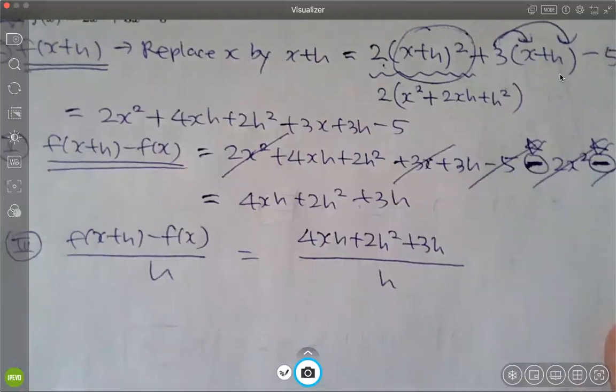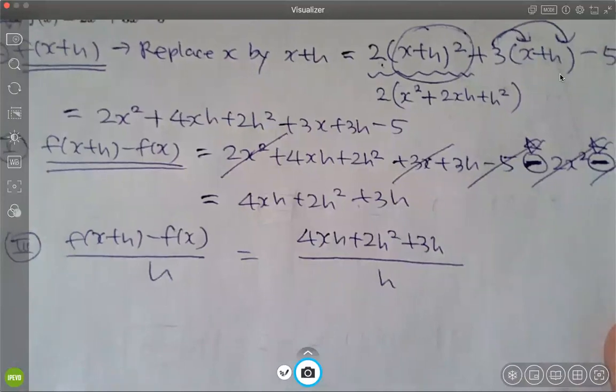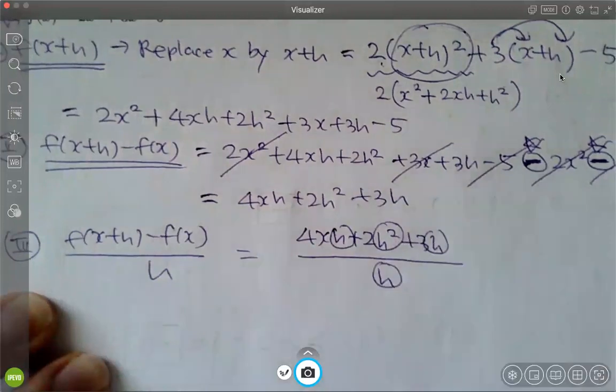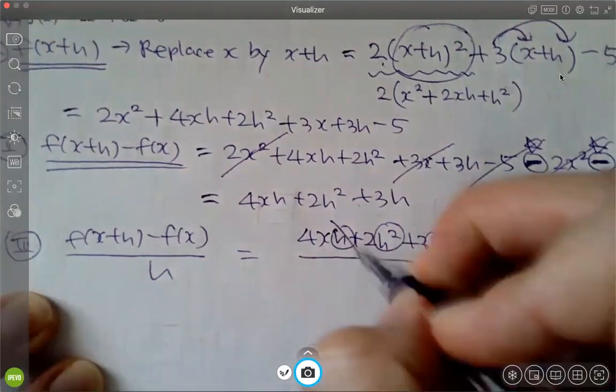Is there anything in common? Yes, what is in common? The h, right? Do you see that? Here is h squared, here is h, right? So what do? Gone, gone, gone.